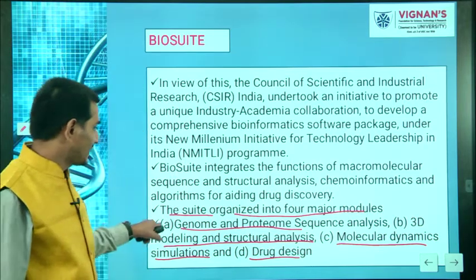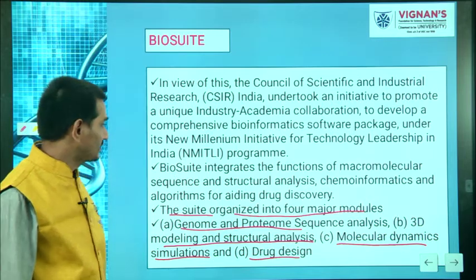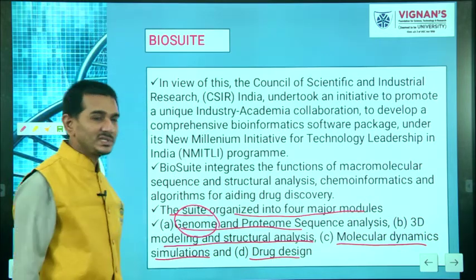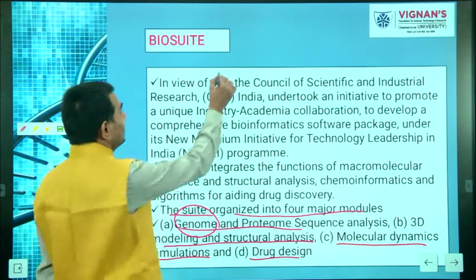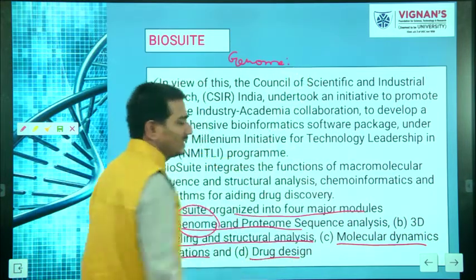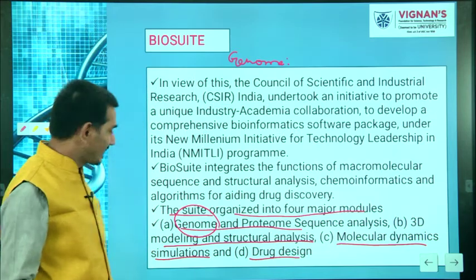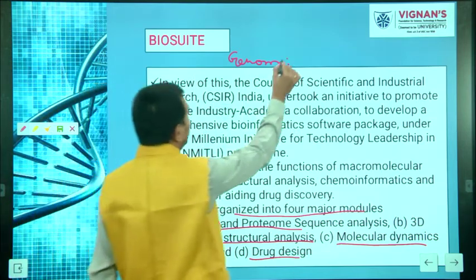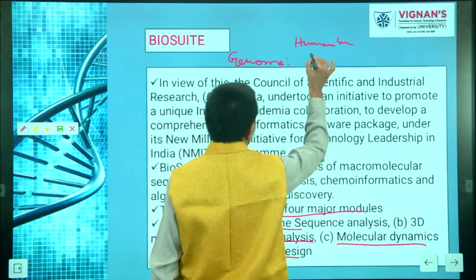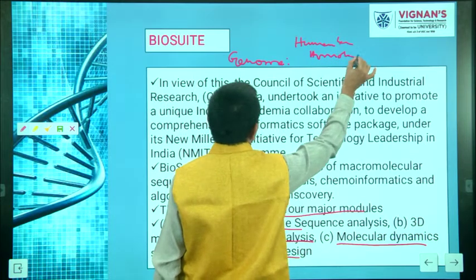So the first module is genome and proteome sequence analysis. Here, what is genome? Genome is defined as the totality of all the genes of an organism. Let us take for example human being, whose scientific name is Homo sapiens.